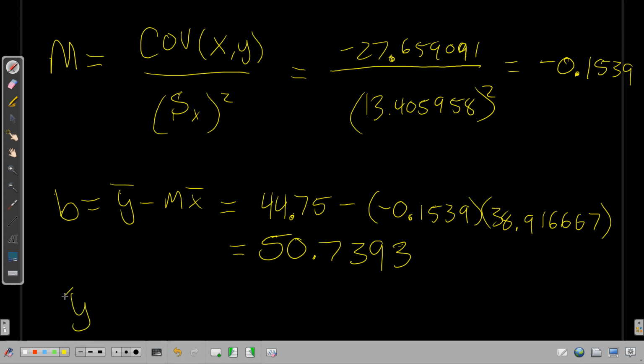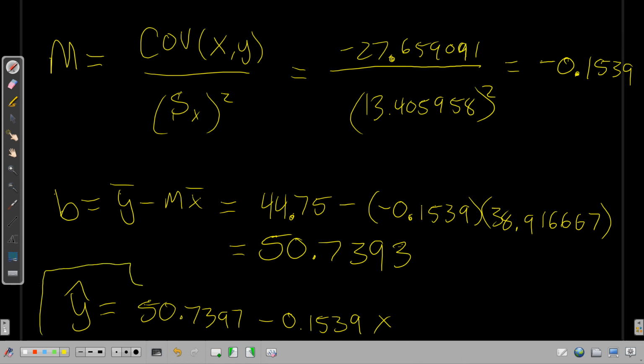All right, so then y hat should be 50.7397 minus 0.1539x. Well, then if I was inclined to, I could use this line to make predictions about the correlation between the numbers in that data set that we were looking at.